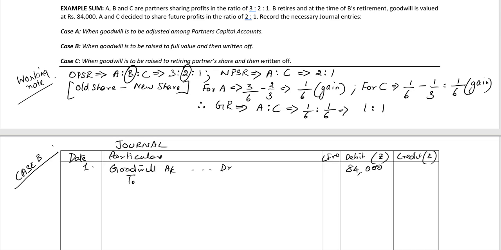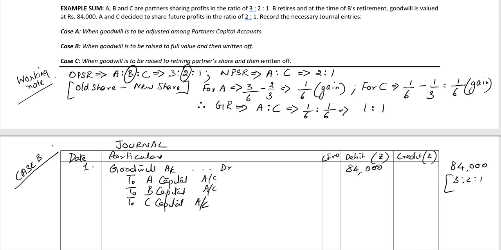to A capital account, to B capital account and to C capital account. 84,000 to be raised in old profit sharing ratio, which is 3:2:1.